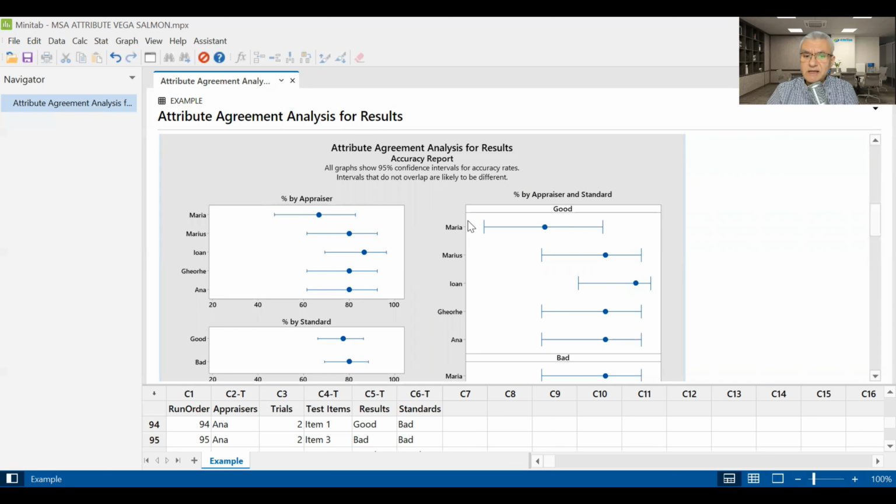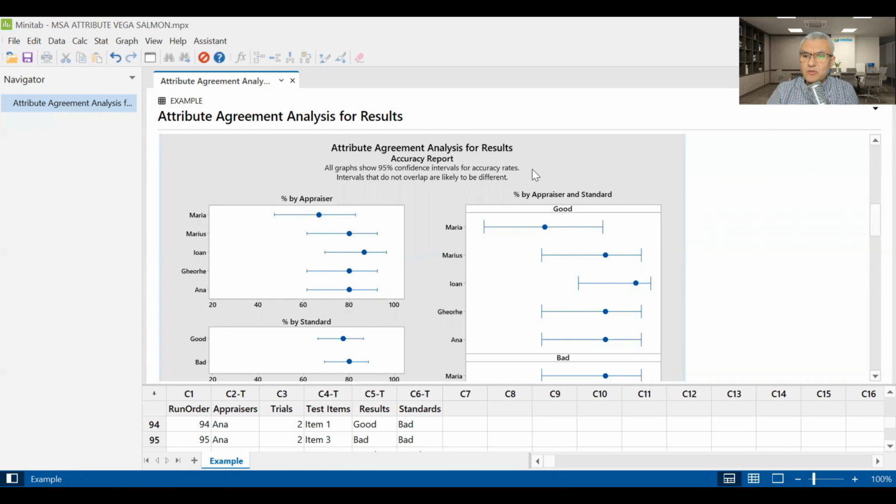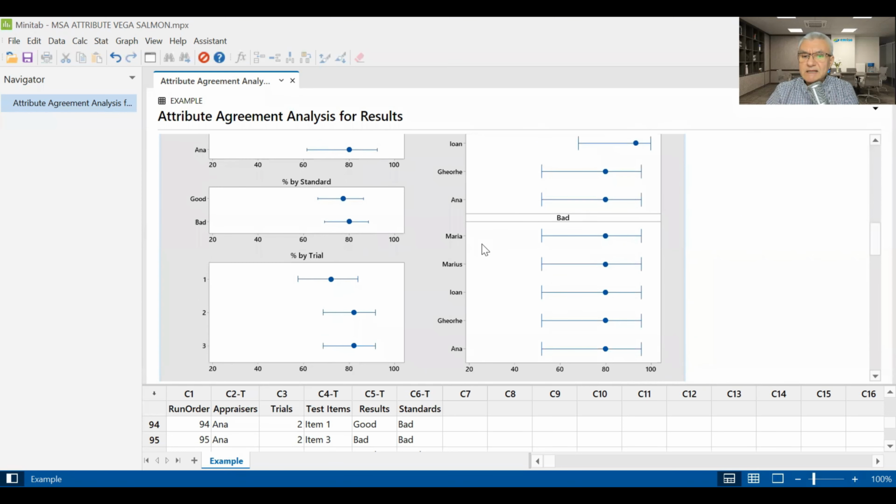How many times Maria detected good parts, and how many times Maria detected bad parts. So the probability that Maria detects good parts as being good is on average only 53%. The probability that Maria on average detects bad parts is 80%. So she could detect what is wrong, but she cannot detect what is good. And she has this temptation to rate as bad something which is still good.